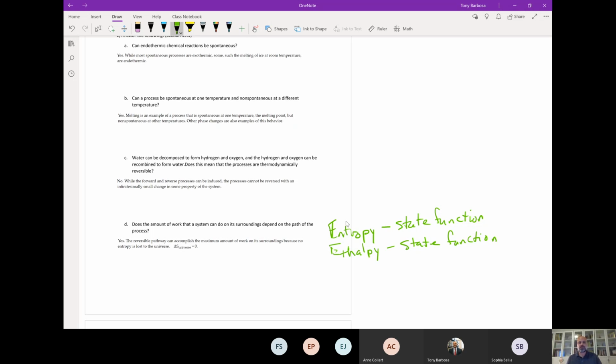If somebody's using a jackhammer to break a rock versus a pickaxe, the path to get there is going to require different amounts of work. I'm just trying to see if I can find the particular section to point you to.